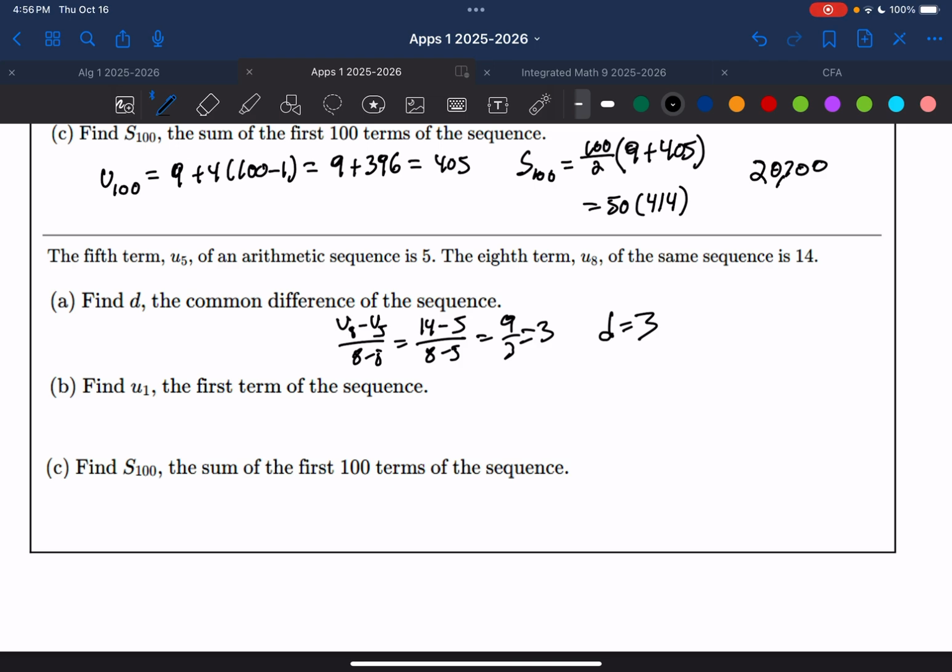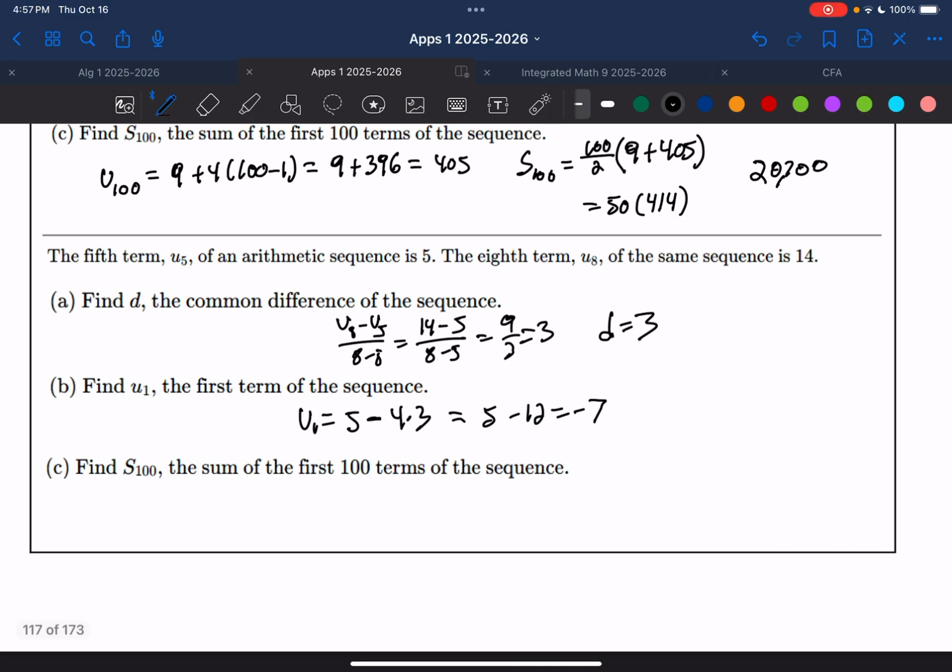If U5 is 5 and D is 3, then U1 is 5 minus 4 times 3. It's going to be 5 minus 12, which is going to be negative 7. All right. So S100.